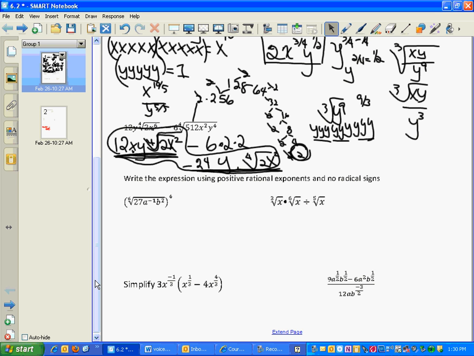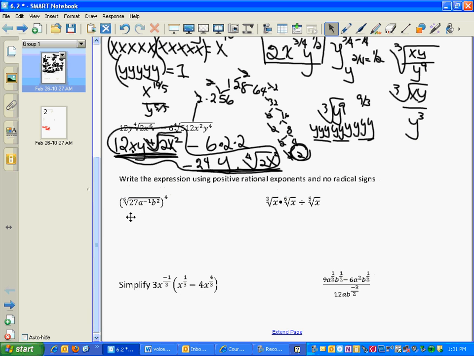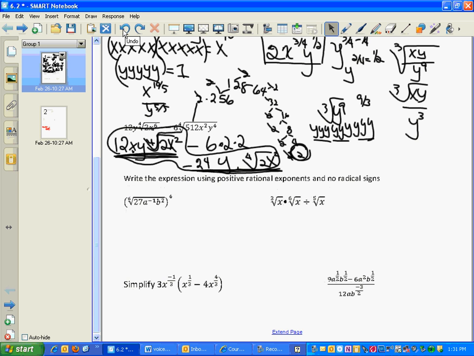Okay, write the expression using positive rational exponents with no radical signs. All right. So this is 27, a to the negative 1, b to the second. And what's my exponent on this problem?